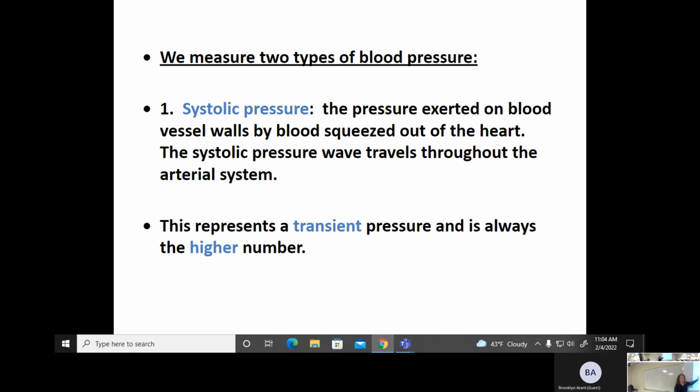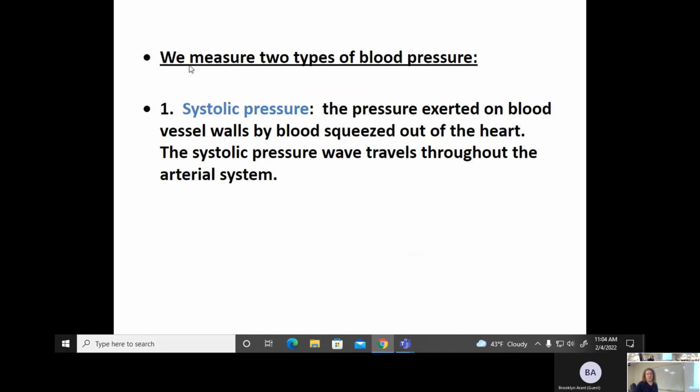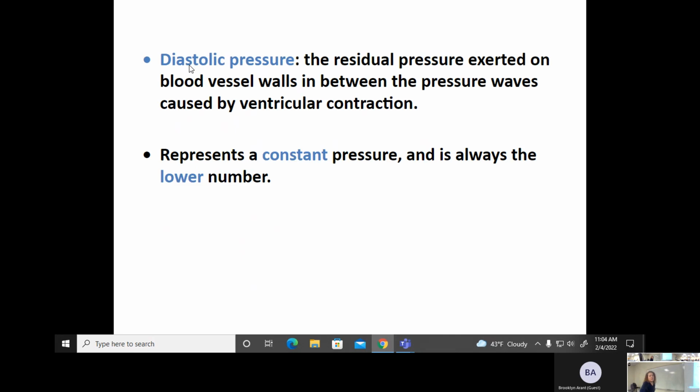We'll look at some examples of blood pressure numbers in a minute. But systolic comes and goes, and it's the higher number. On this, you see it's the top line in this section. The other pressure value is diastolic.